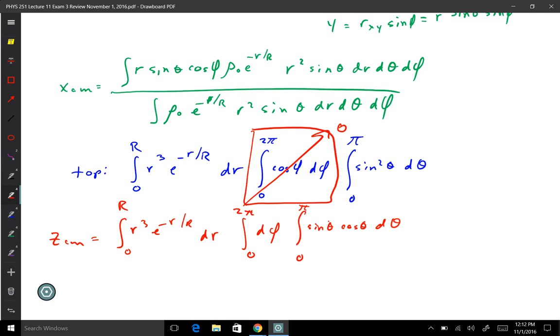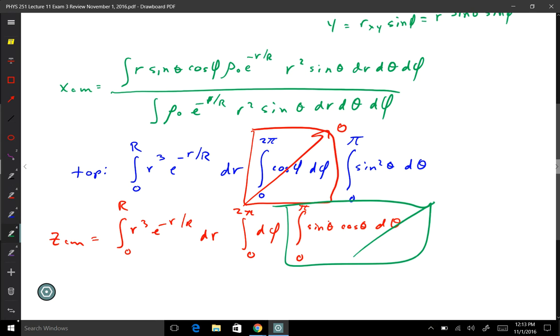Sine theta cosine theta is, does anybody know what that turns out to be? I think it's 1/2 sine 2 theta, something like that. And so if I do sine of 2 theta from 0 to pi, that's the integral over a complete cycle. And so in this case, this one here is going to go to 0.